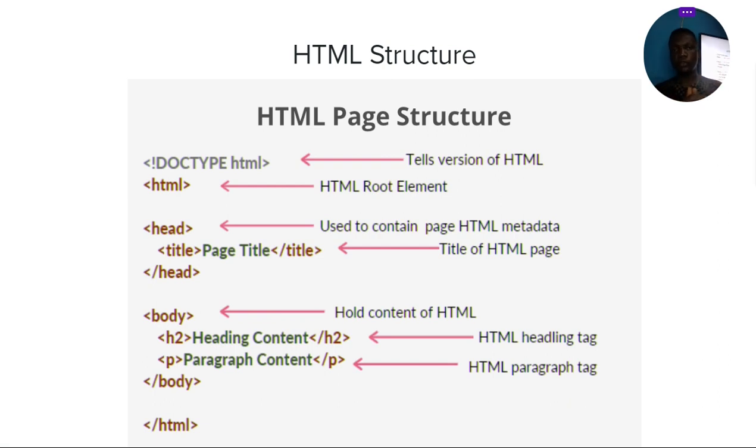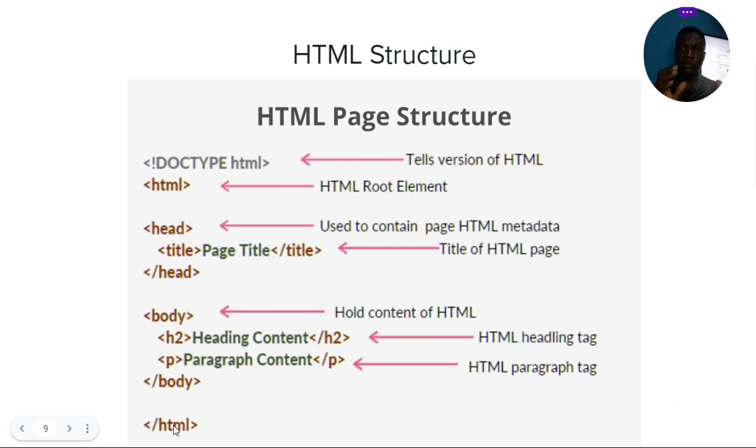Now, look at the structure of HTML. In the HTML, you pass doctype, which instructs on the version of the HTML. And HTML is wrapped between the less than and greater than signs. So this is the opening tag and this is the ending tag.